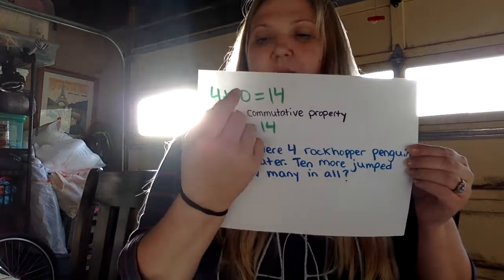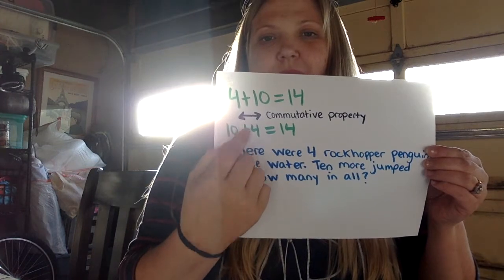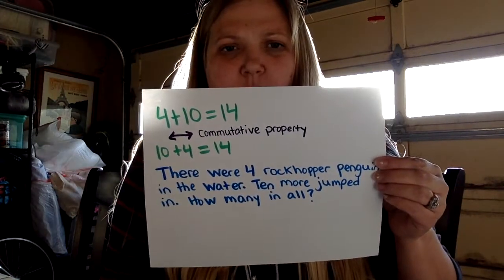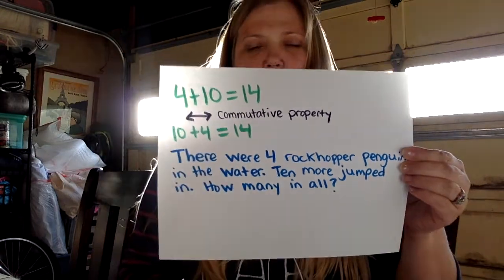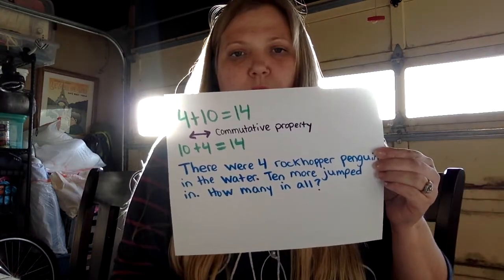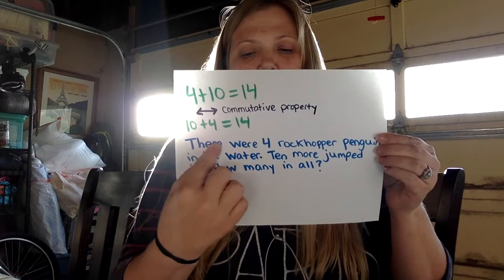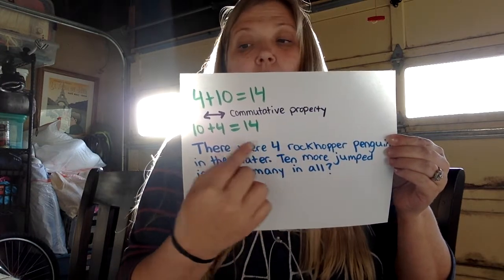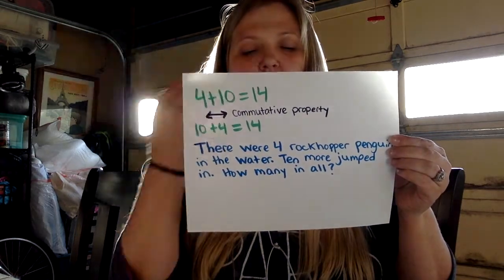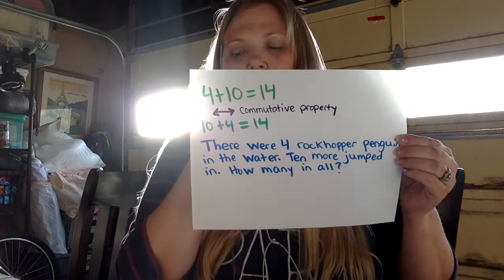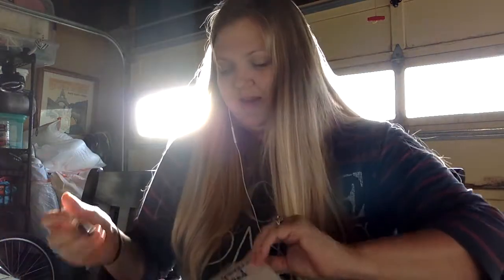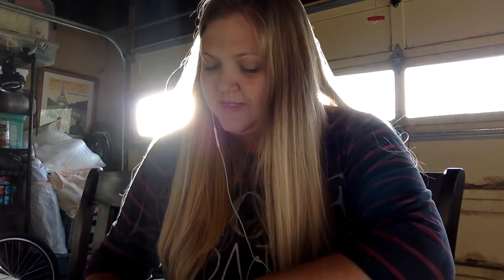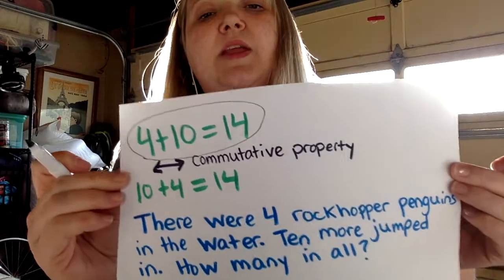So we added them, didn't we? But which equation matches our problem? Which number did we hear first in our problem? There were, and then 10 more. So which equation is it? That's right. The first one, 4 plus 10 equals 14, matches our story.